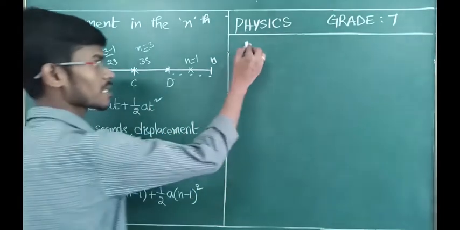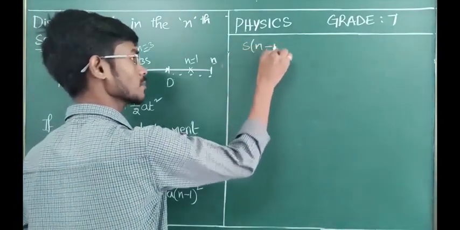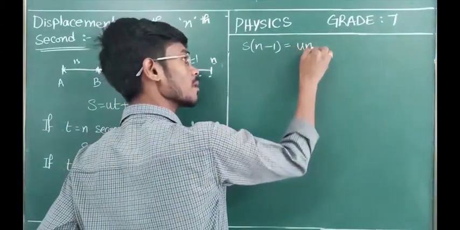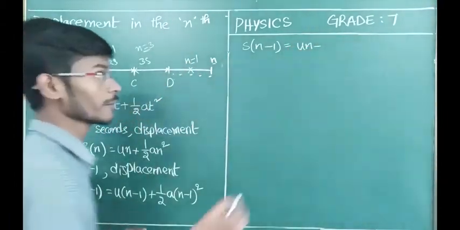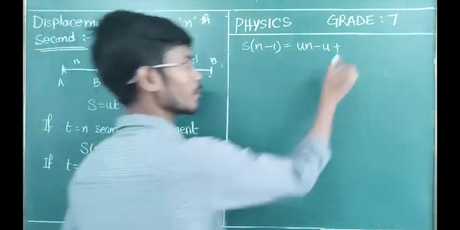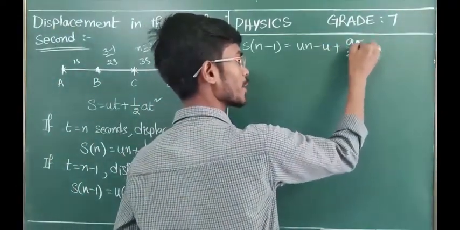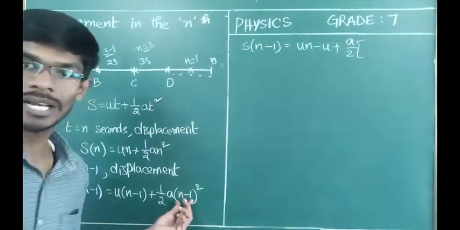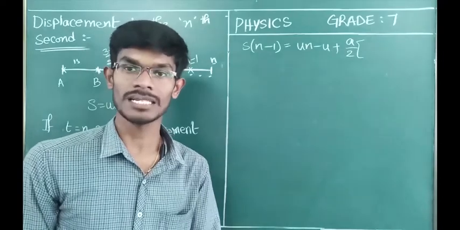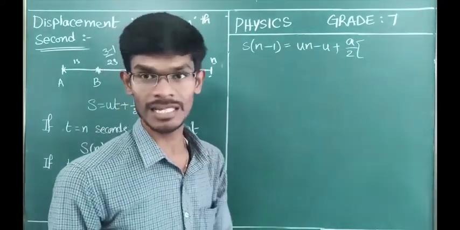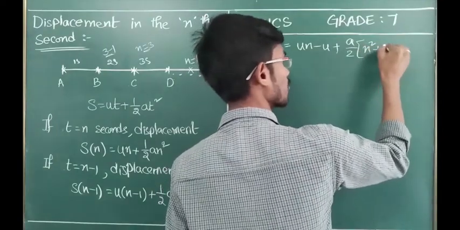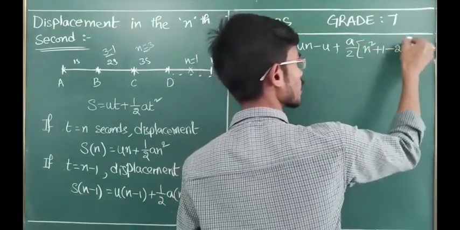So S of n minus 1 can be written as u into n, un minus u into 1, u, plus a by 2 into n minus 1 whole square. This represents a minus b whole square, a square plus b square minus 2ab. So n square plus 1 minus 2n.